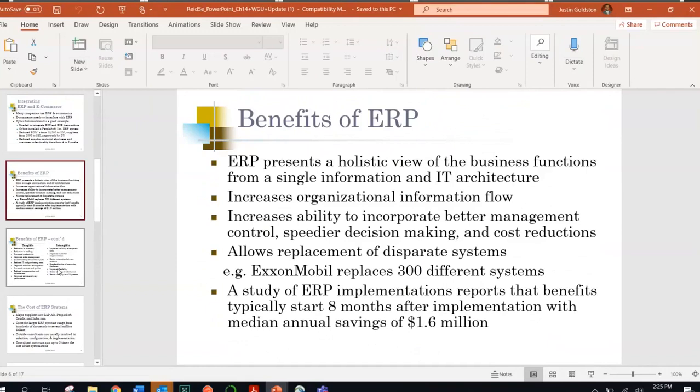So it increases the communication and collaboration with my suppliers. It increases the communication and collaboration with my customers. And it also aids in the managerial decision making of the leaders of the organization.